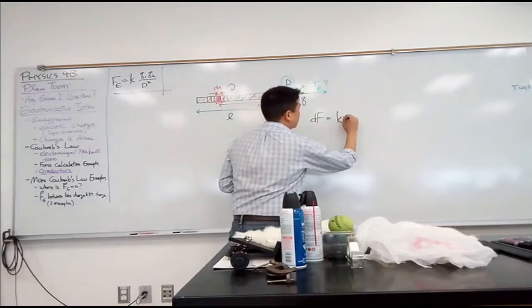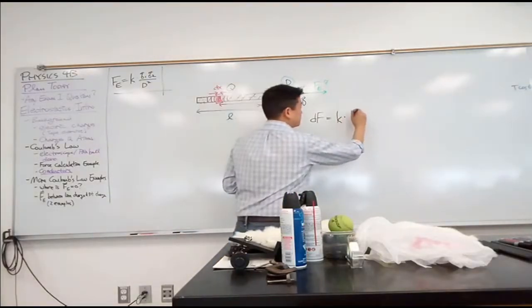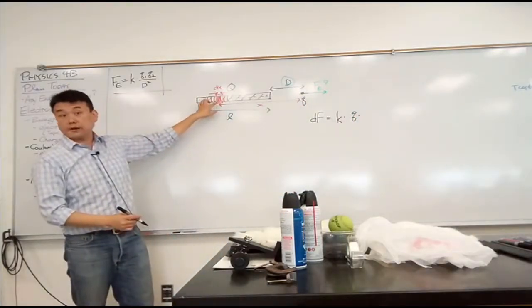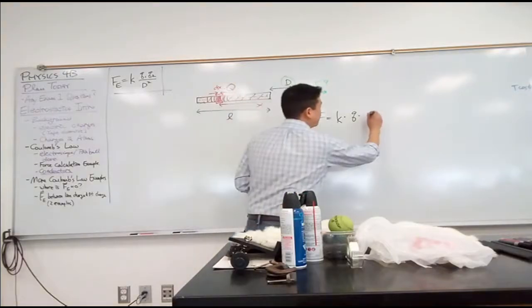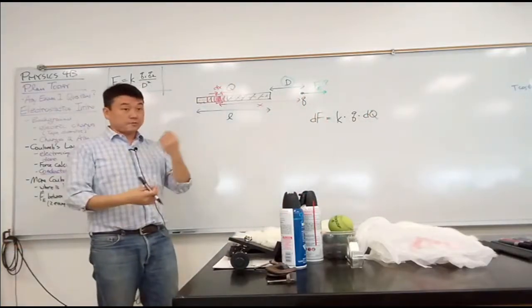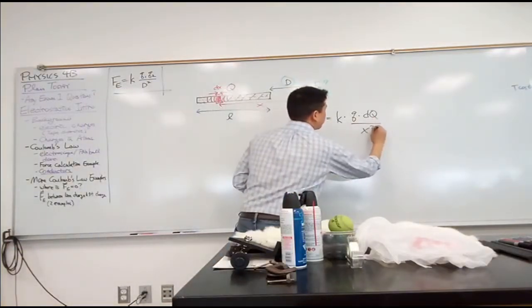That's K times the amount of point charge times the amount of charge that's in this segment of the rod. So let me call that dq for now. It's a small amount of charge in the small segment, divided by x squared.